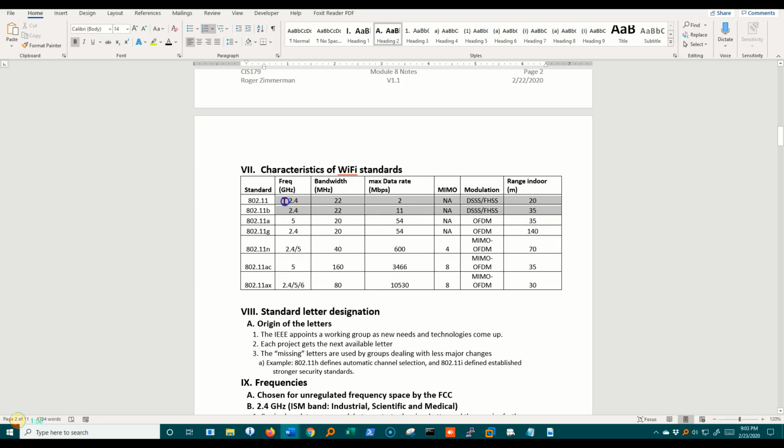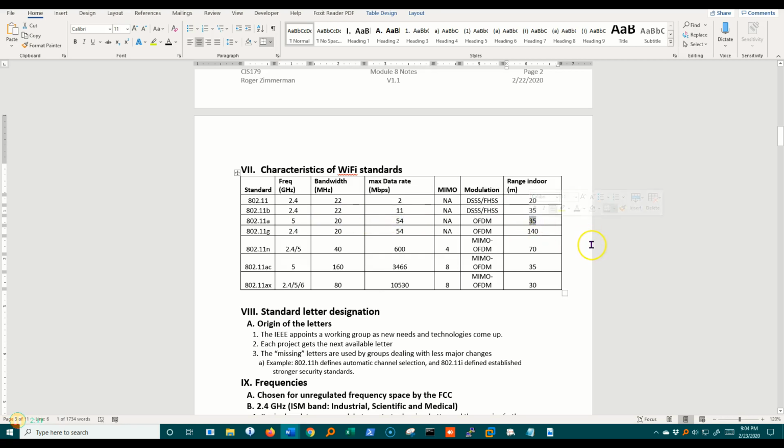Even though we were using 2.4, we really were not getting great ranges. Now 5 gets more data and should get less range. So you see our data rate goes way up, but our range doesn't really change much. Why not? Well, for several reasons. One is this OFDM thing. That's helping to keep it so we didn't lose any.